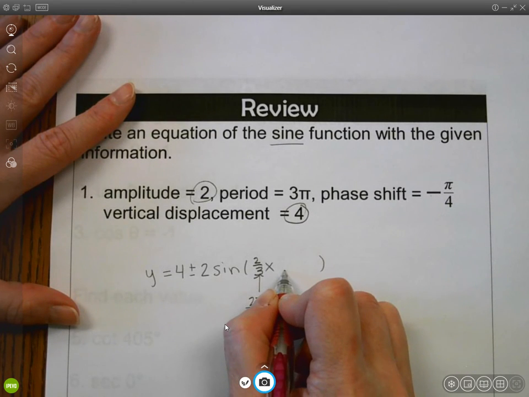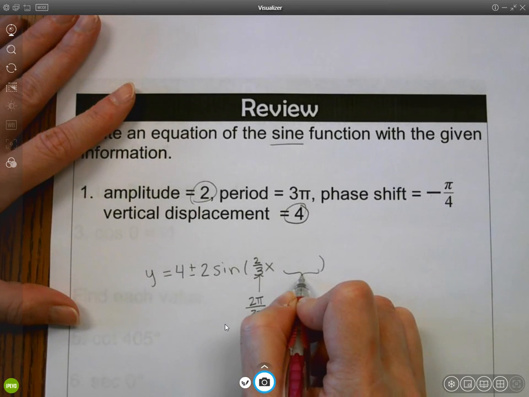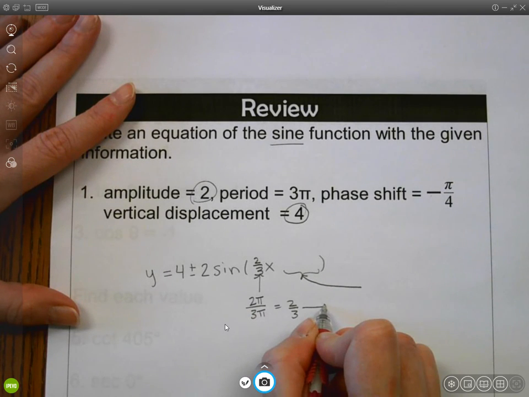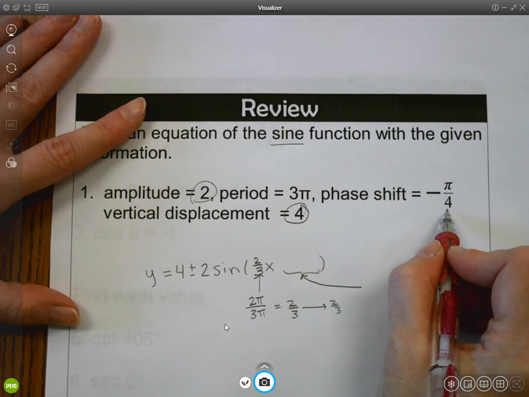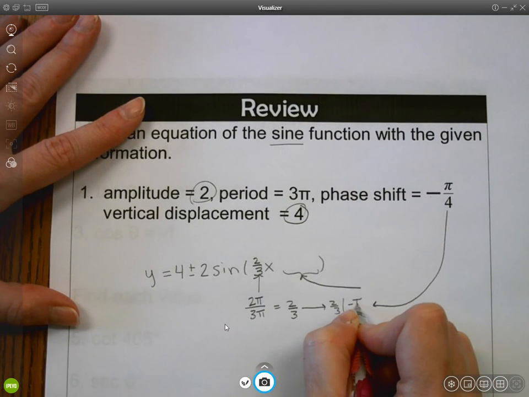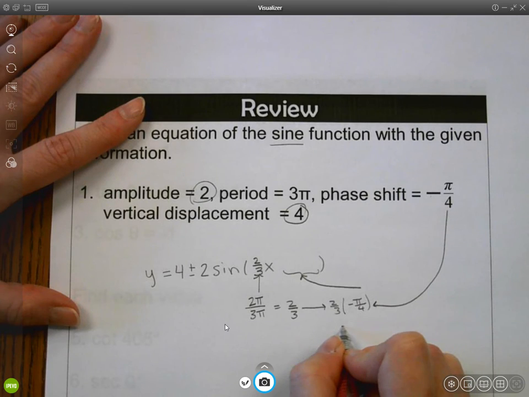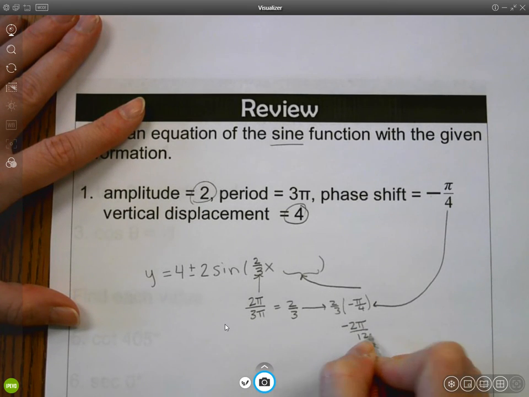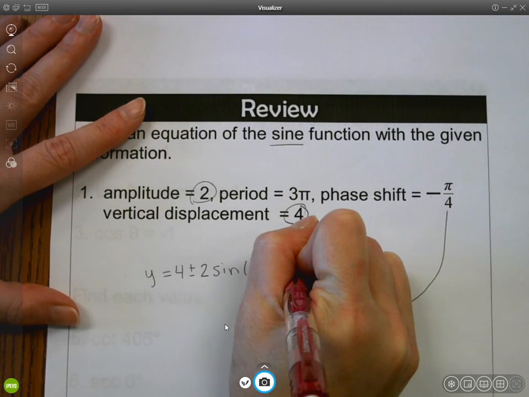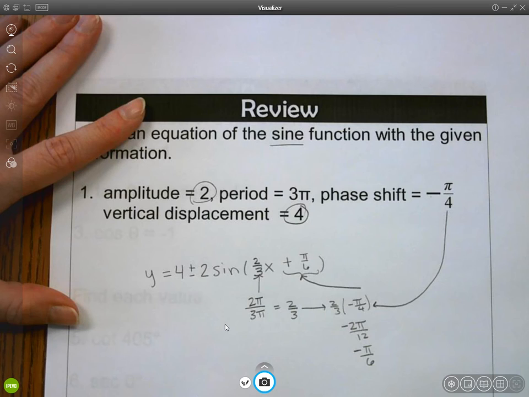To get this information, you're going to take this 2/3 and your phase shift and multiply. But when you put it in, you're going to change the sign. So it'll be plus pi over 6.